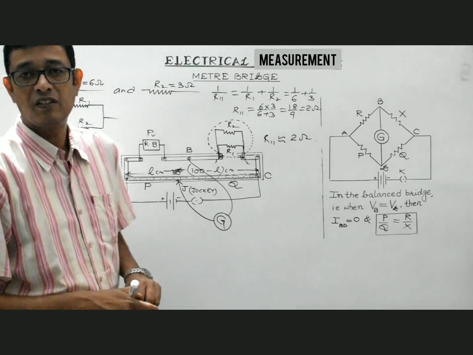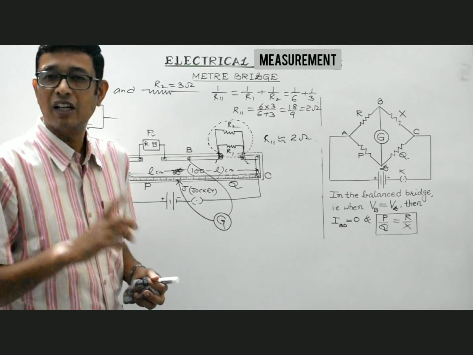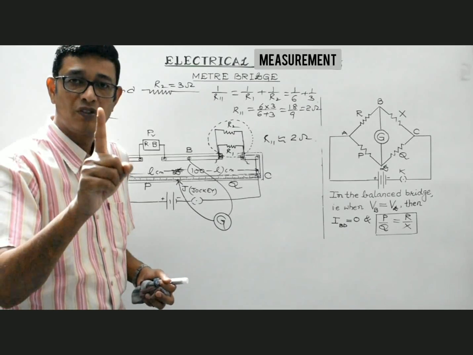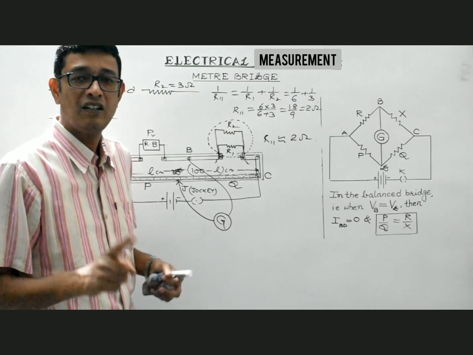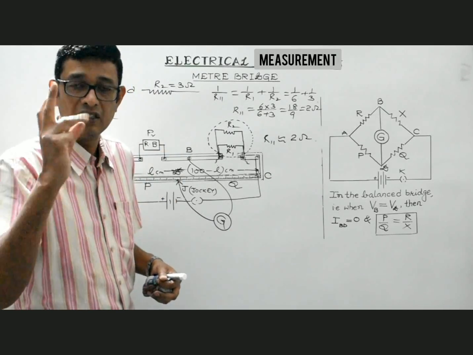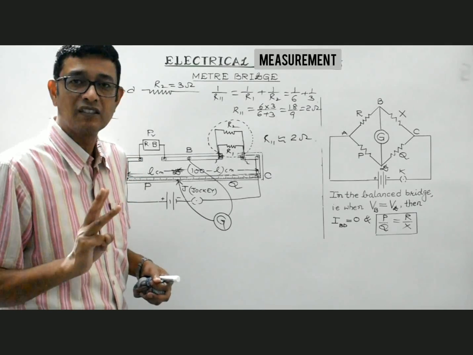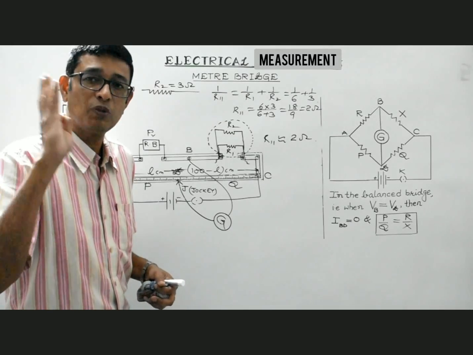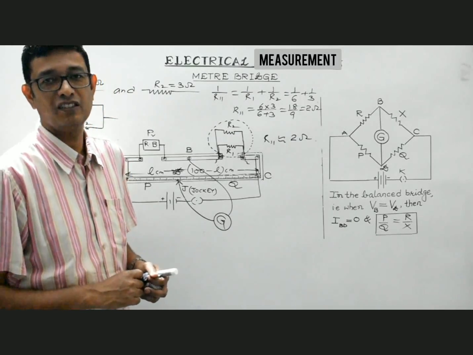Again I repeat, a meter bridge is an arrangement which can be used to determine the value of unknown resistance or the resistance of a given wire. It can be used to find out the resistivity of that given wire. Third, it can be used to verify the law of series grouping of resistances. Fourth, it can also be used to verify the law of parallel grouping of resistances.